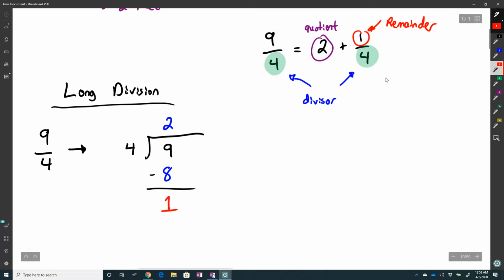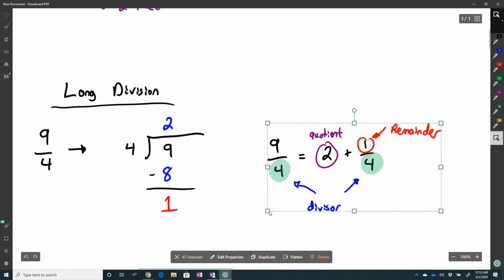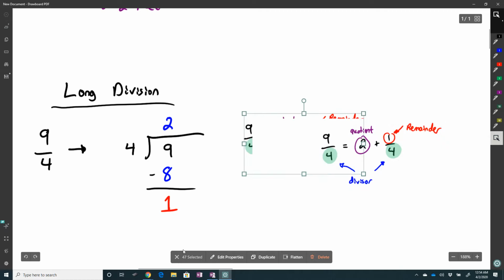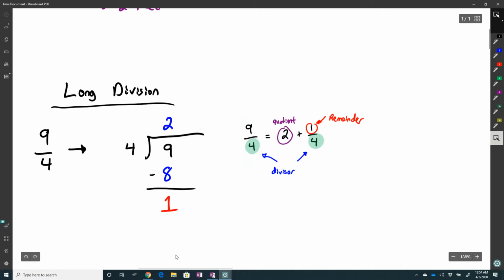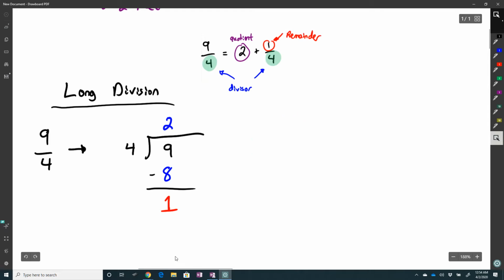Okay? Since I already know what everything is called over here, let me kind of move it closer. So everything still has a purpose. I guess that's kind of in the way. Let me move it up here. All right.